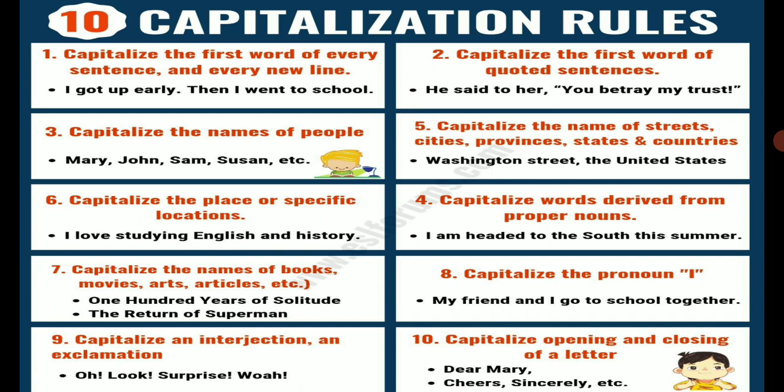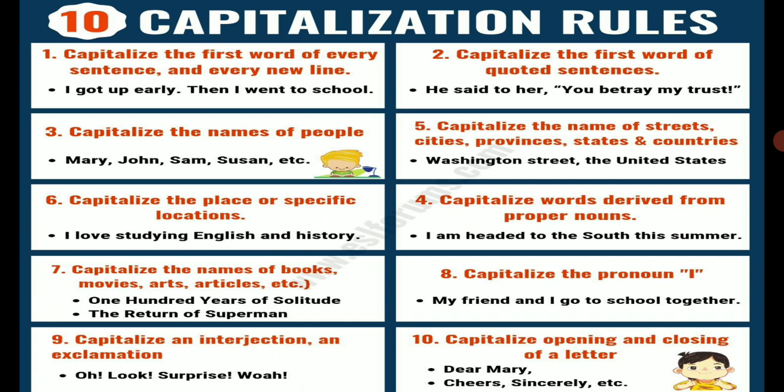The third rule is capitalize the names of people. It means the name of a person. Now we can say that all proper nouns are written with a capital letter.